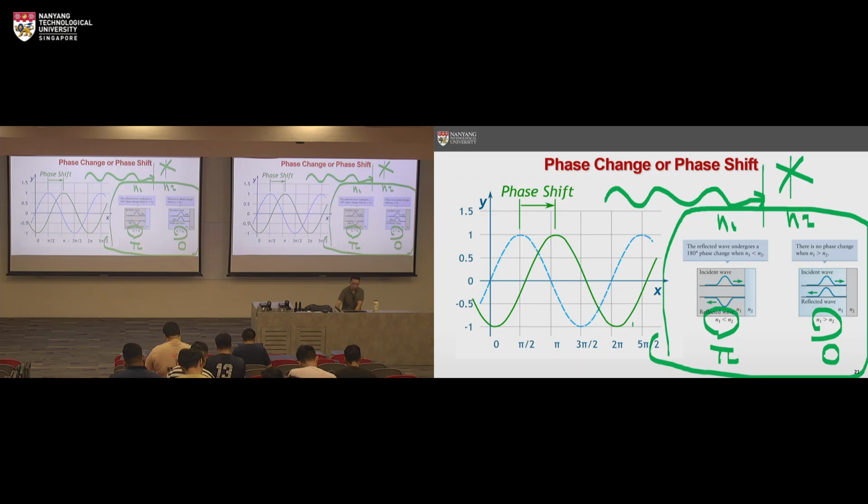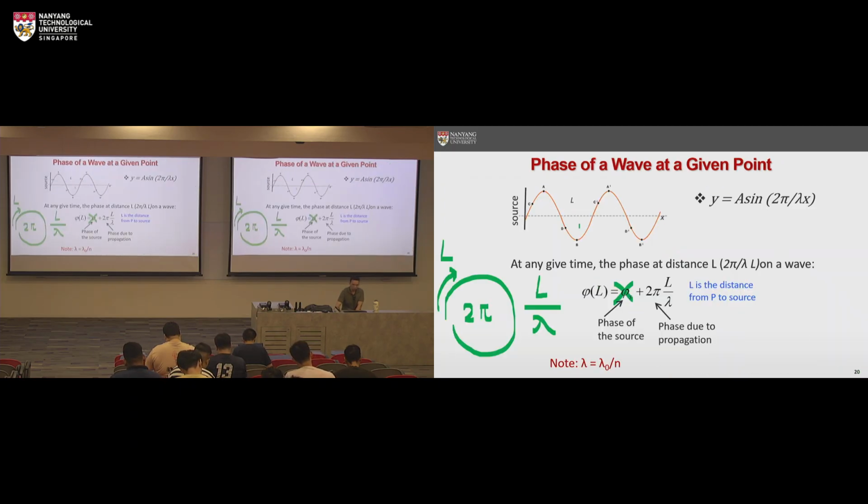Before this slide, what we were trying to showcase is that light is a wave. When you consider light as a wave, there are several properties: there's frequency, there's amplitude, and there's also a property called phase. Phase is the key property that we are going to deal with in this course.